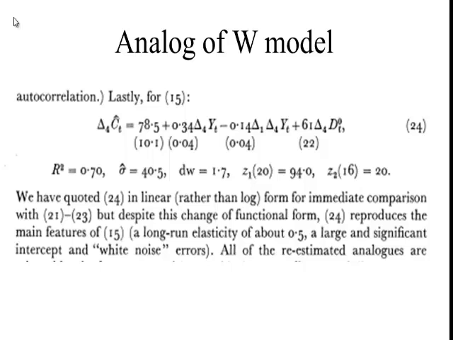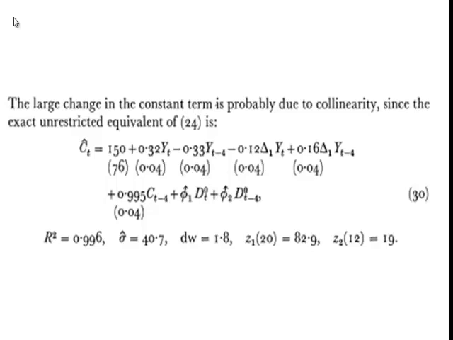In equation 24, the constant has changed a lot from the Ball model. So why did this happen?